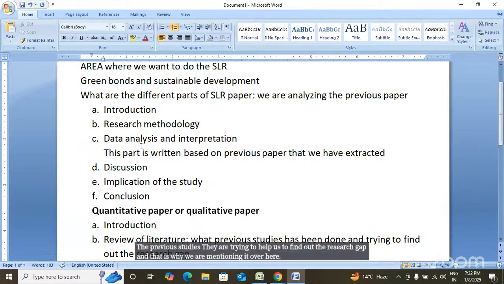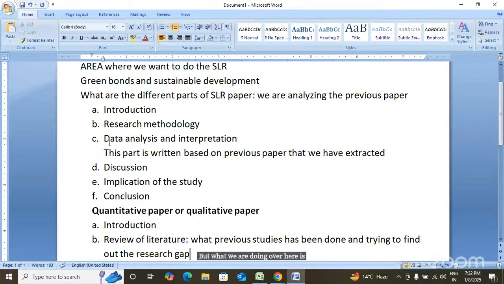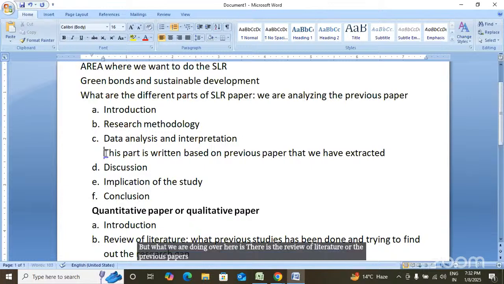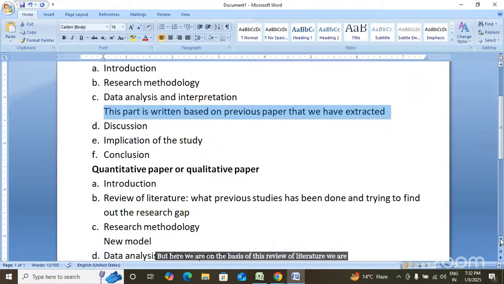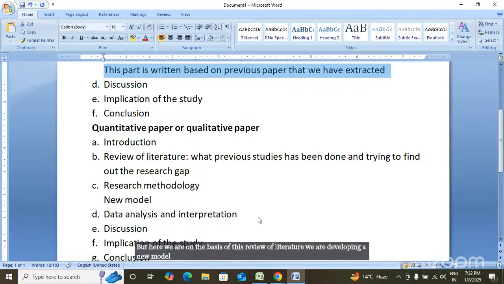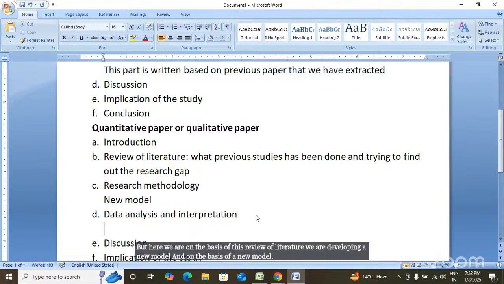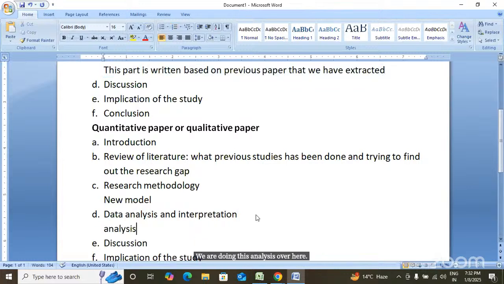But what we are doing over here is, the review of literature or the previous papers becomes a part of the data analysis and interpretation part. But here, on the basis of the review of literature, we are developing a new model, and on the basis of the new model, we are doing this analysis over here. New model analysis, right?